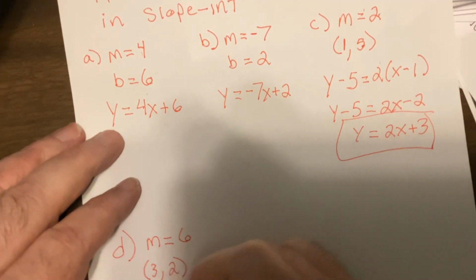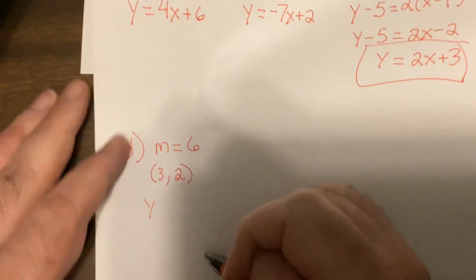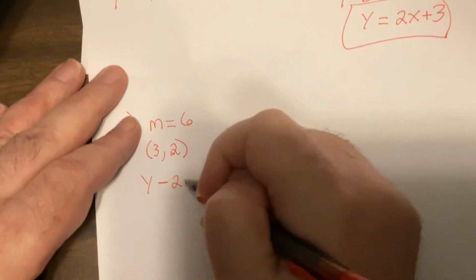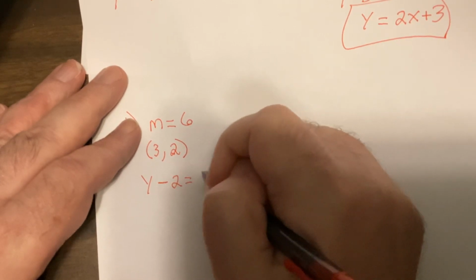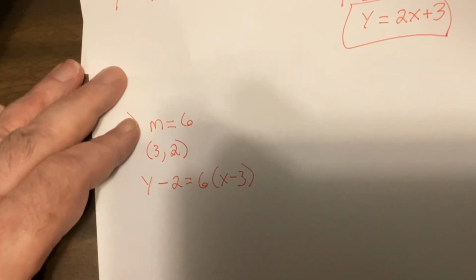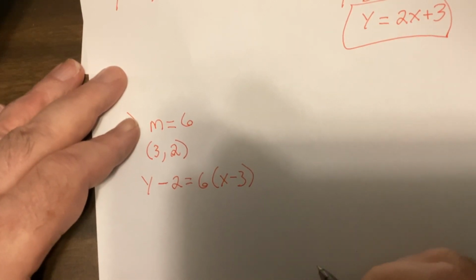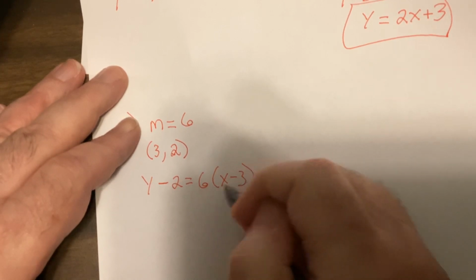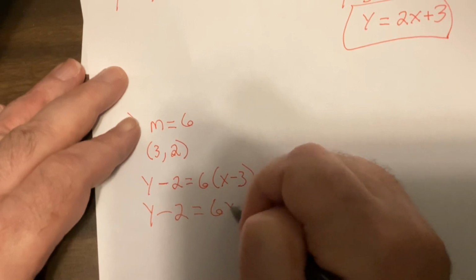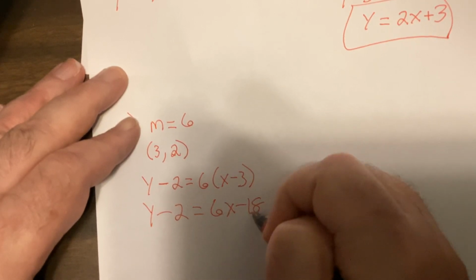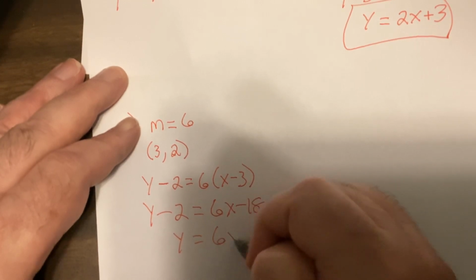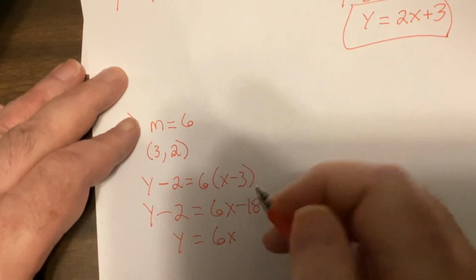So I go y minus the y number equals the slope times x minus the x number. So now I want to put it in slope-intercept form. So I'm going to distribute the 6 and then solve it for y. So add 2. Get the y by itself because it says I want it in slope-intercept form.